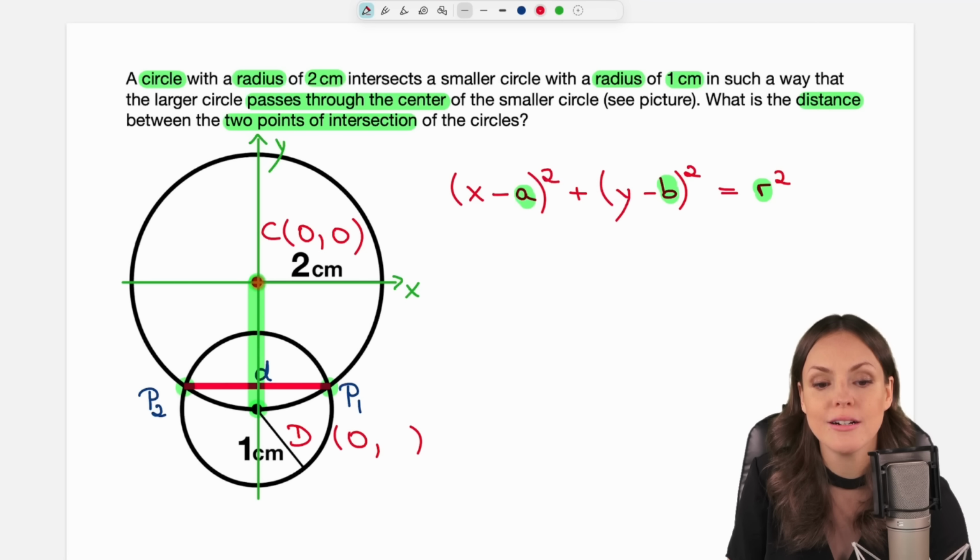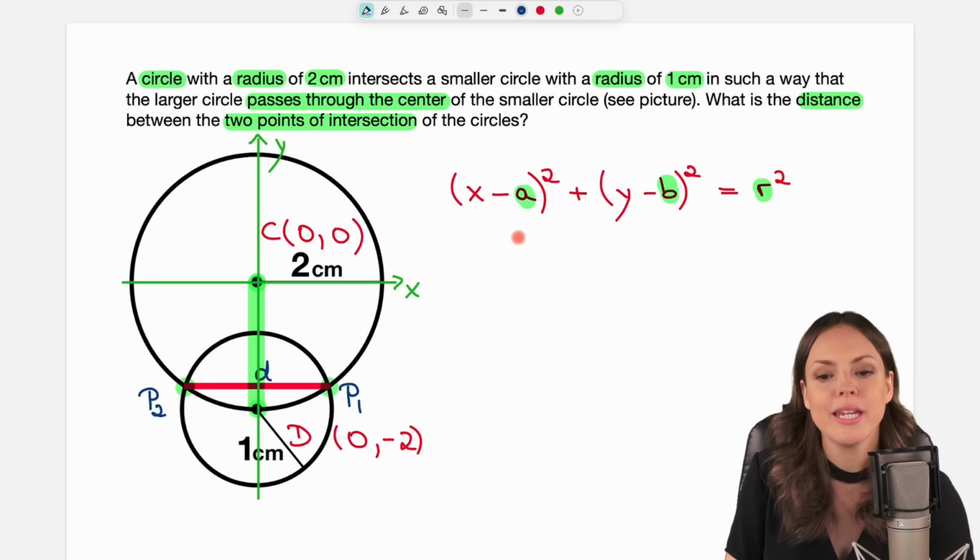So from the center to the edge of the circle, that's just the radius of my large circle. So I go 2 down so that I get to -2 for my y-coordinate. Okay, so now we have everything and we can find the equations of our circles.